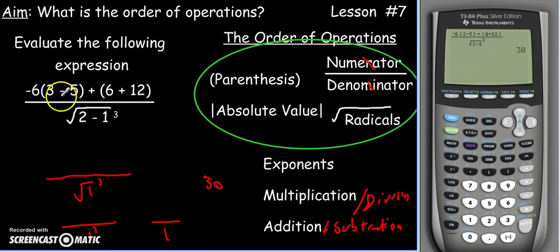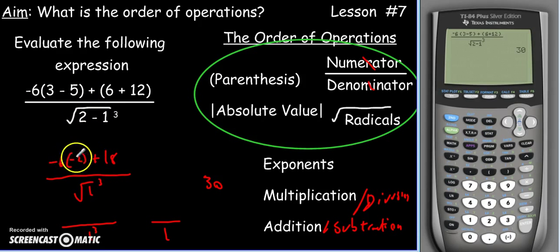Now, working out the numerator, this is negative 6 times 3 minus 5, which is the same thing as 3 plus negative 5, which is negative 2. And this is plus 18. So we did all of the grouping symbols together.